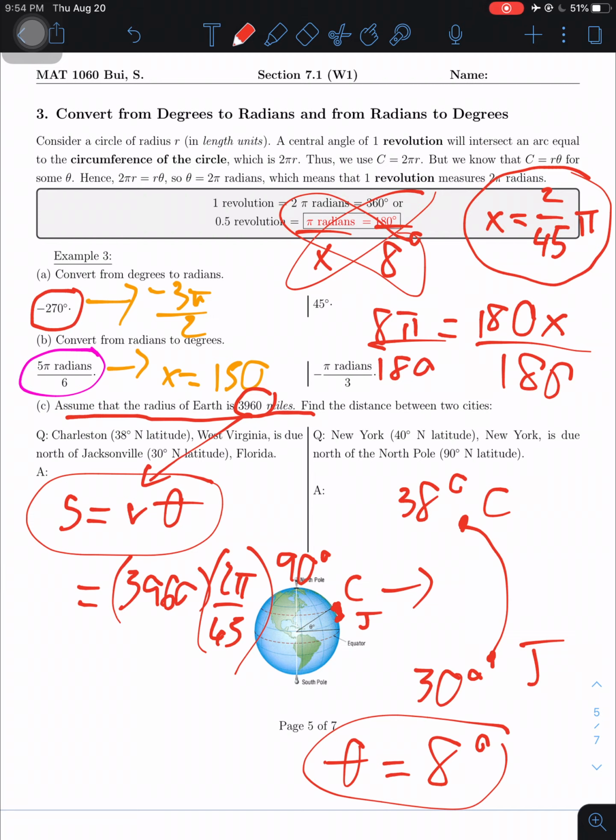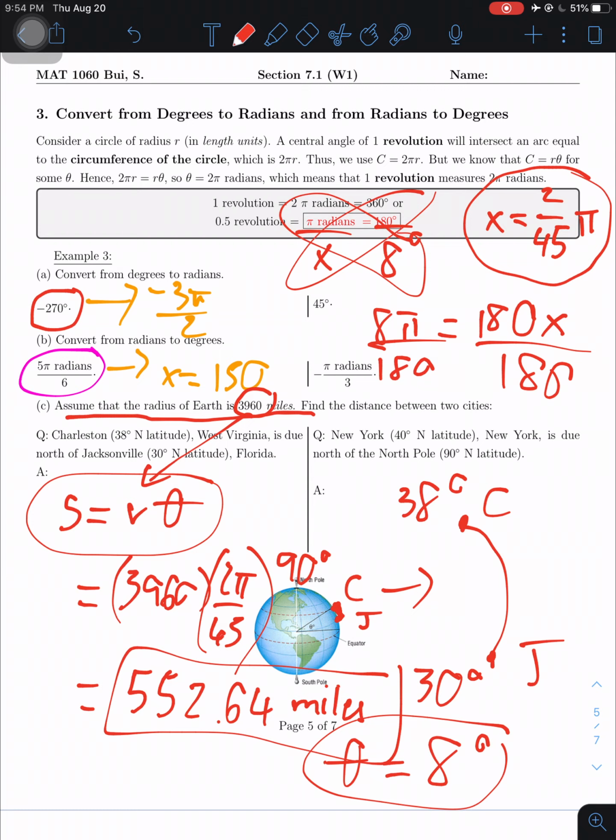I got approximately, it's actually not approximately, it is exactly 552.64 miles. This is the final answer.